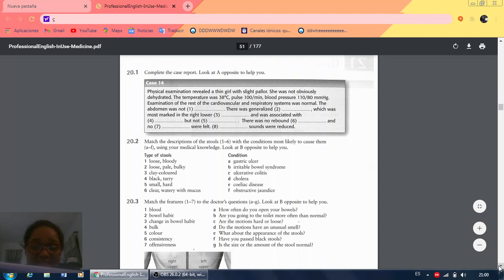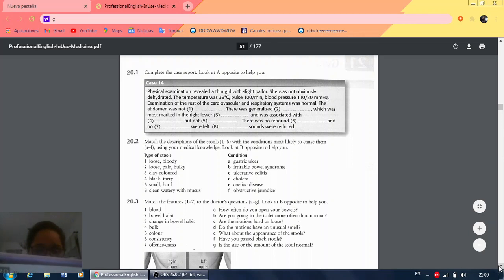There was general distress, which was marked in the lower abdomen. But no, there was rebound. The bowel sounds were faint. Must be able to cause the use of your medical knowledge. Look and be and see opposite to it.